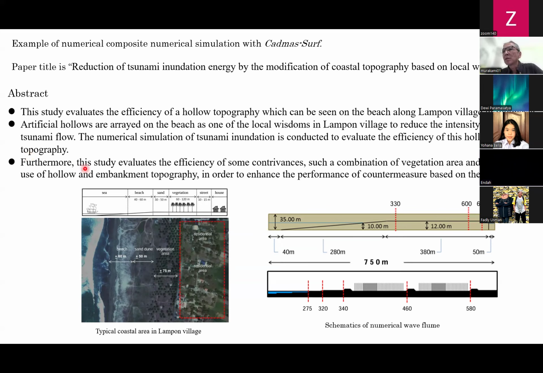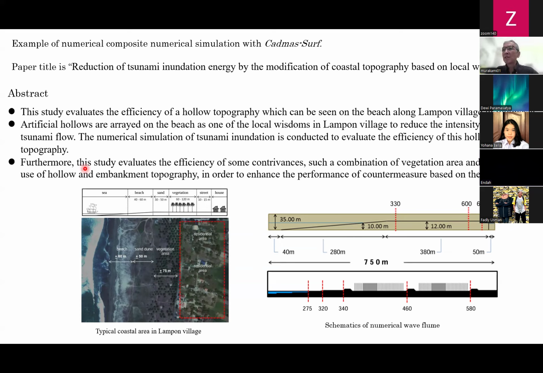Unlike long wave theory, CADMAS is a method of solving the three-dimensional Navier-Stokes equations using a finite difference method, and is also known as direct simulation. Perhaps Professor Fadli may have already introduced this, but this calculation method can simulate tsunami propagation as it passes through complex topography and mangrove vegetation.